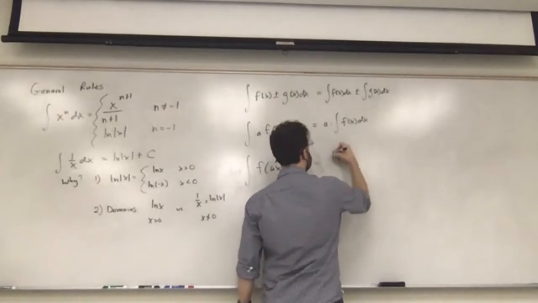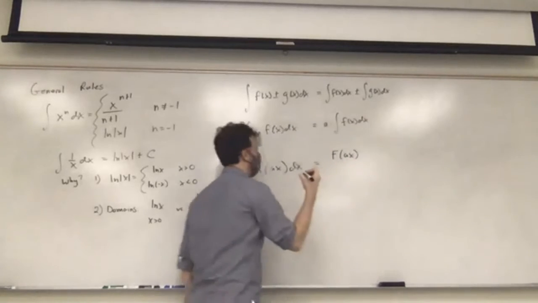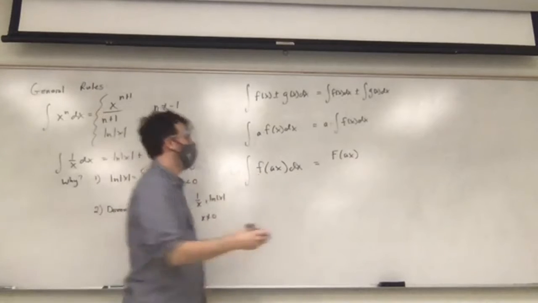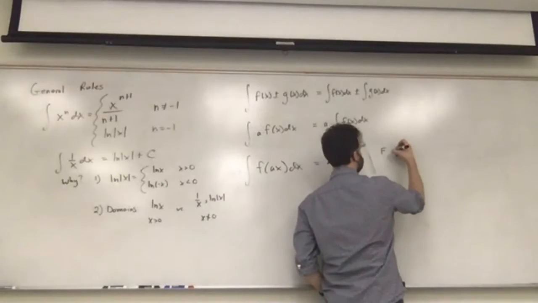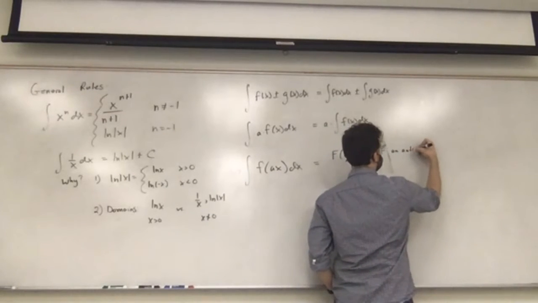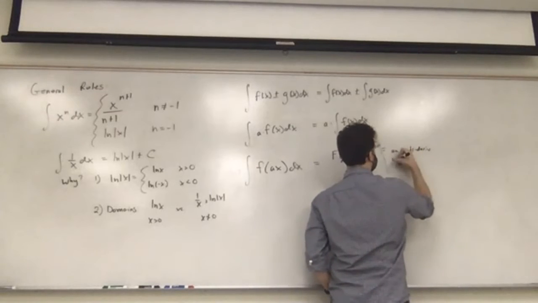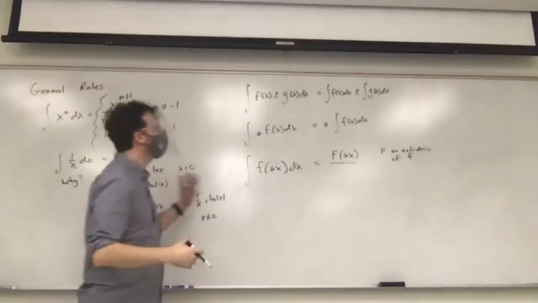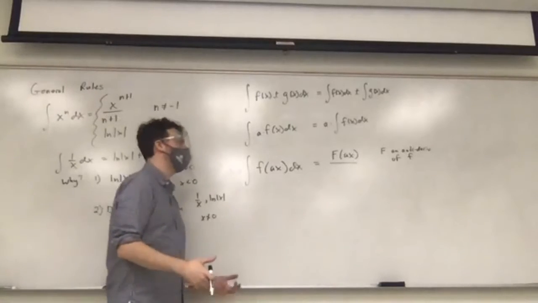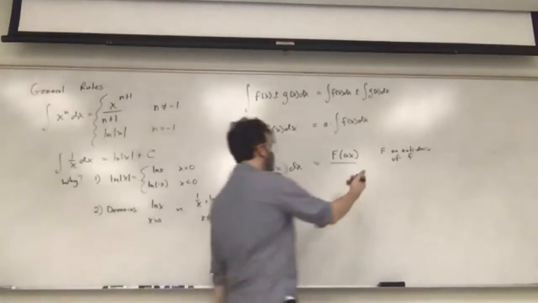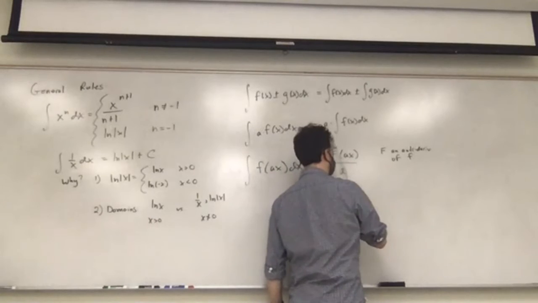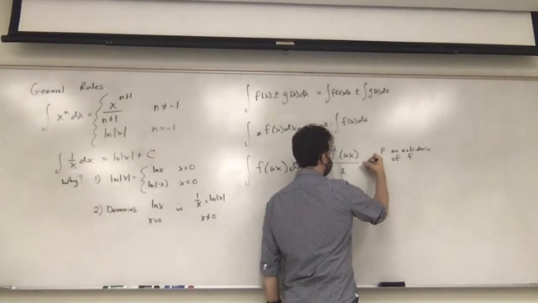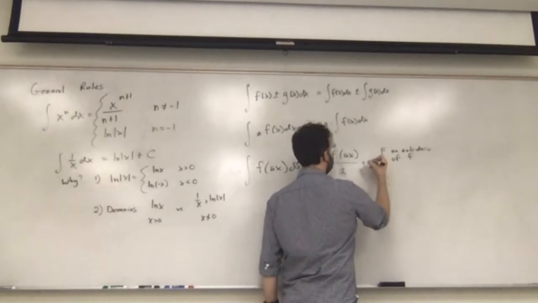So we'll get f of ax. So for this f, find an antiderivative. But then, where the chain rule would have us multiply by an extra factor of a, if we're trying to reverse everything, we're going to divide by an extra factor of a. And then don't forget the plus c.